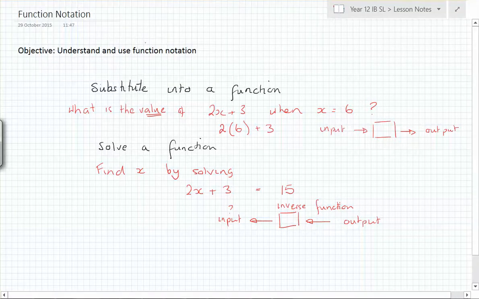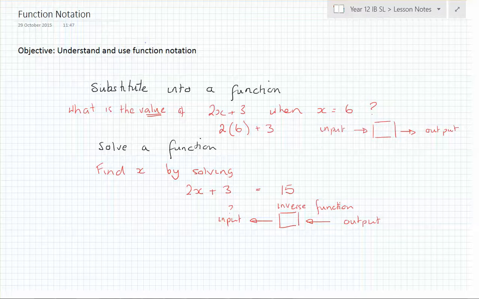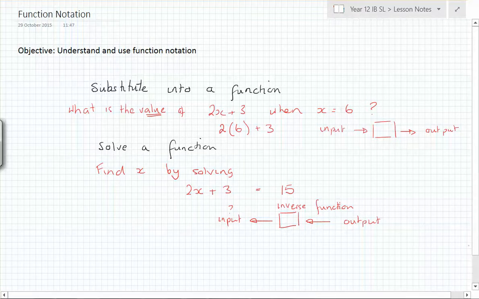For instance, factorization, simplification, collecting like terms, all that sort of stuff is just a way of making it easier to either substitute or solve. So when we're dealing with functions, this is all it is. You either substitute in or you solve, but you might need extra skills to make that possible. So we need to think of that when we talk function notation.